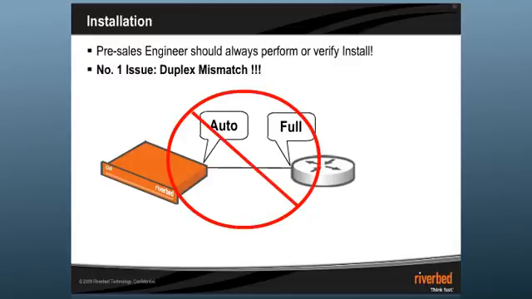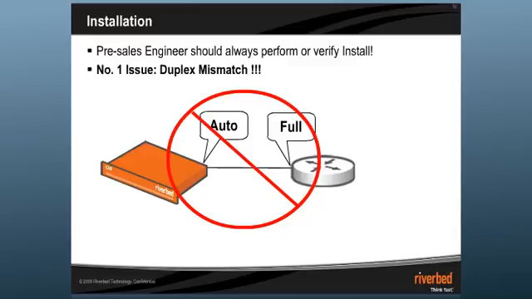What happens sometimes is the steelhead will be set up for auto and the switch or router will be set up for full duplex, and this will never work. You're always going to end up with a duplex mismatch in this case, because the way auto negotiation works is if the auto negotiation device, in this case the steelhead, cannot talk to the other side, cannot auto negotiate at all, then it's going to drop to half duplex by default.